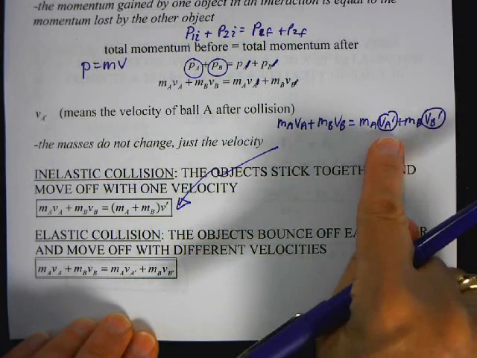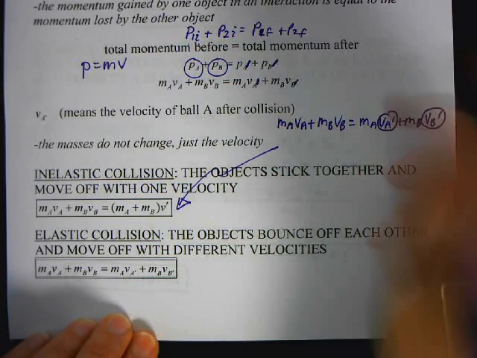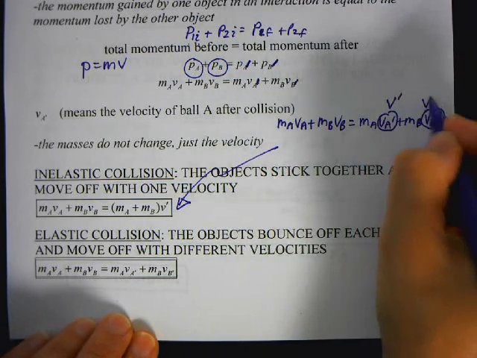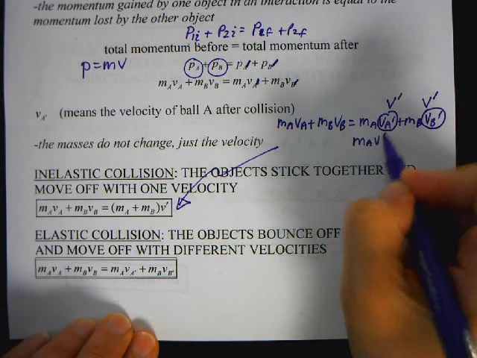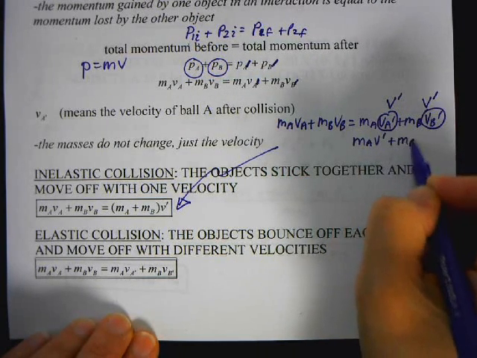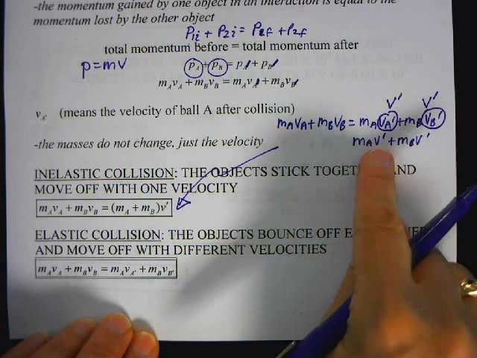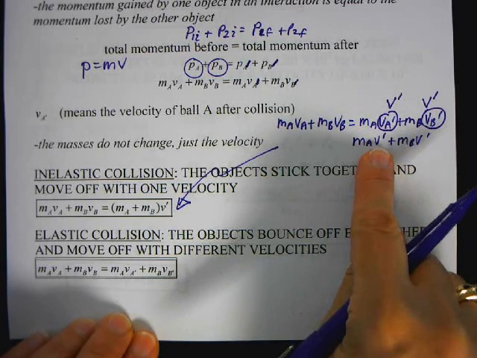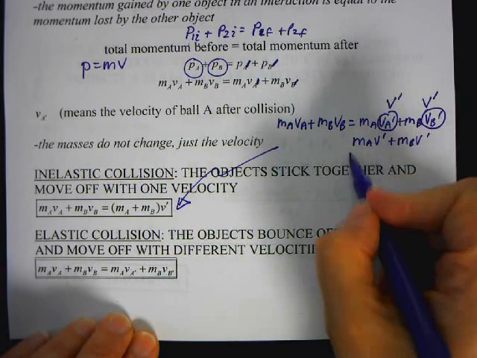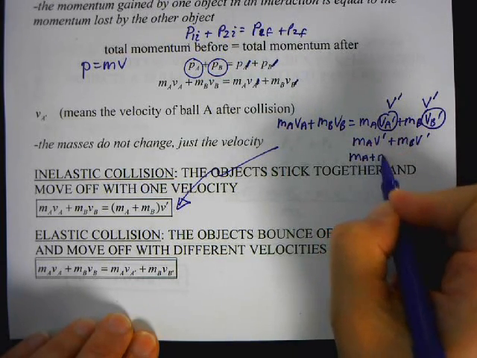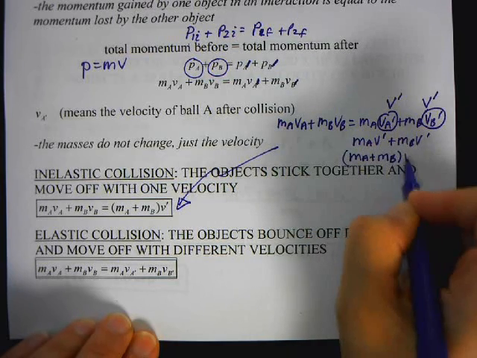So instead of calling them individually VA prime and VB prime, I can just call it V prime. Then I have MAV prime plus MBV prime, because they're stuck together with the same velocity, so can I simplify the terms and say MA plus MB times V prime?